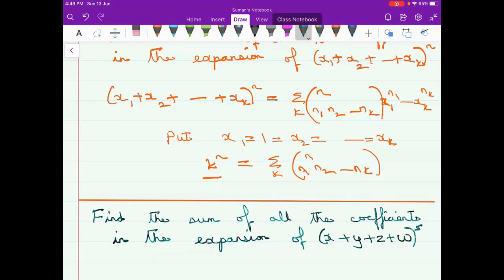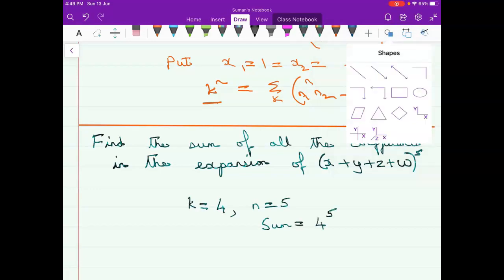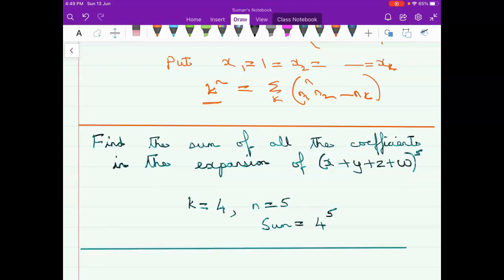So what would this be? Using this formula here, k is 4 because there are 4 terms here and n is 5. So using the above formula, the sum would be 4 raised to 5, k raised to n. That is 4 raised to 5.